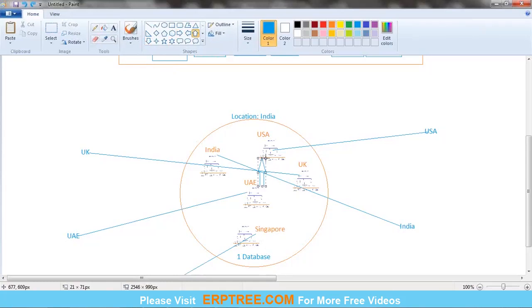Yes, you can do it, since these two multi-org structures are available in the same instance. If you are using separate instances for UAE and USA, it would be a very challenging task. Since these multi-org structures are going to be in one environment, one instance, it would be easy to move the data from UAE to USA depending on the requirement.